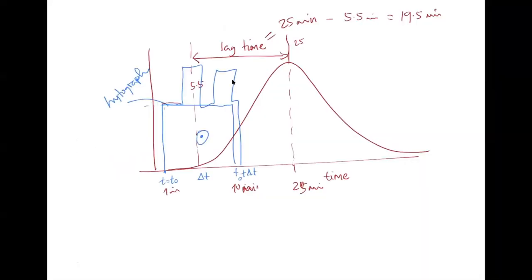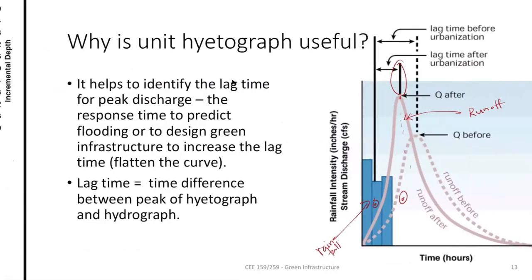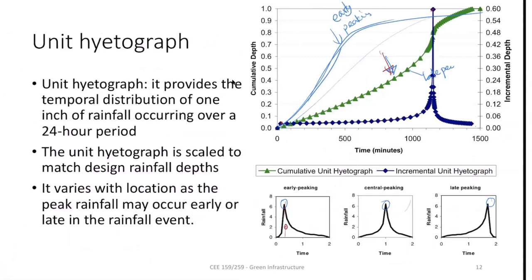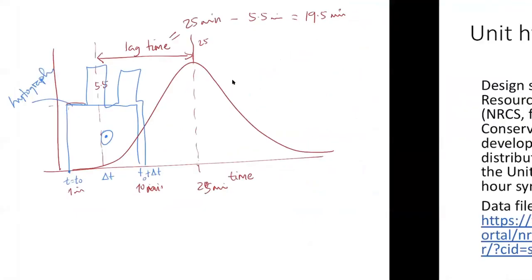I'll show you an example here. So as you see, if it's early peaking, you'll think of a full slope early on. If it is late peaking, it will be flattened in the beginning.